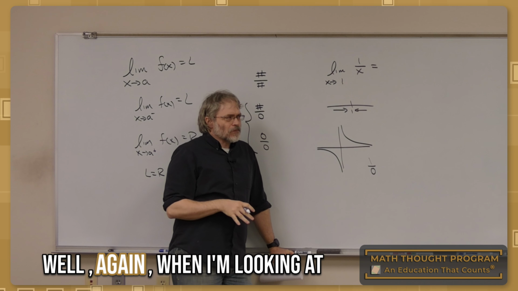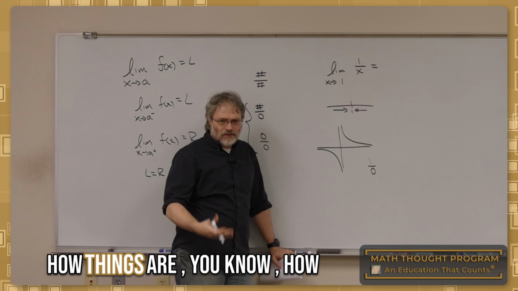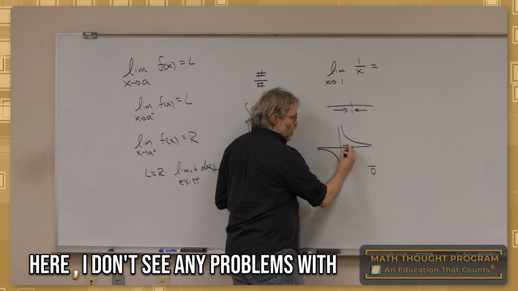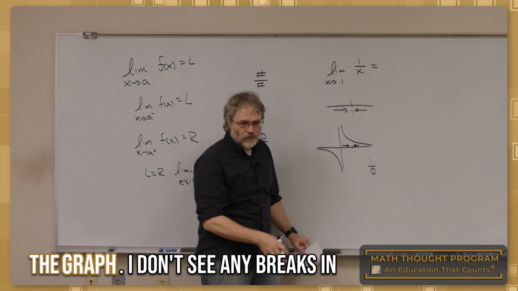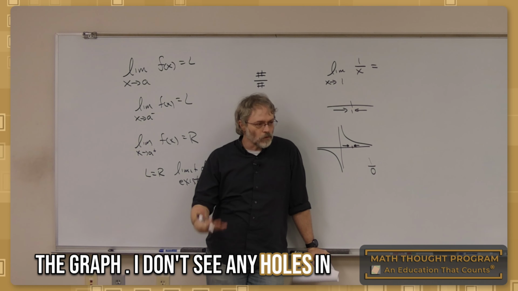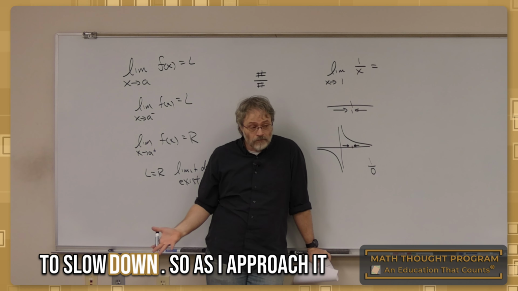Well, again, when I'm looking at limits, I'm just looking to see how things are progressing. And right here, I don't see any problems with the graph. I don't see any breaks in the graph. I don't see any holes in the graph or anything like that would cause me some kind of alarm to slow down.